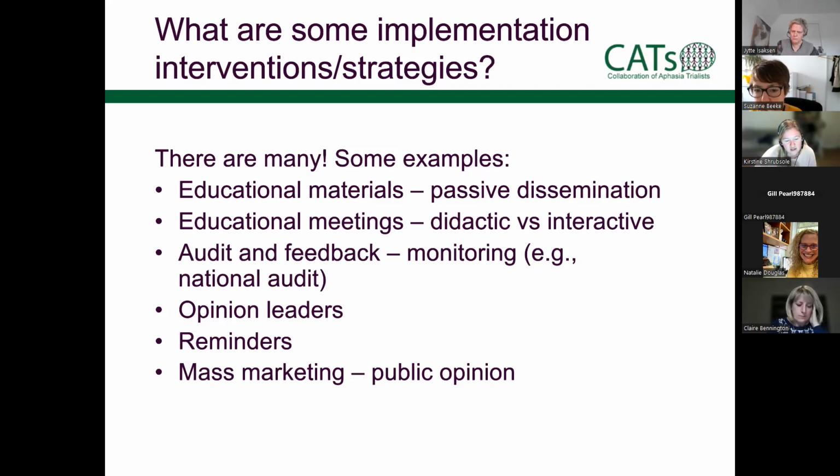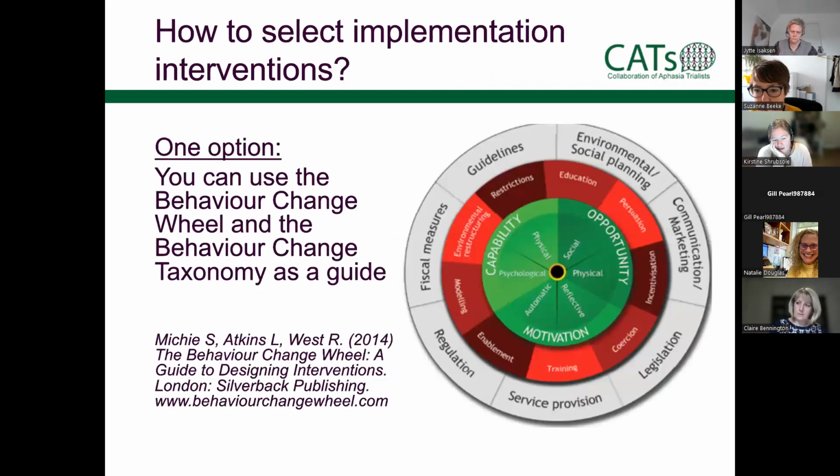So if we just look at one option in the next slide of ways that you can actually select and come up with these implementation strategies for an intervention. This is the behaviour change wheel. It's got the link there, and it's got a nice workbook. So I like that as well. It's an ebook.